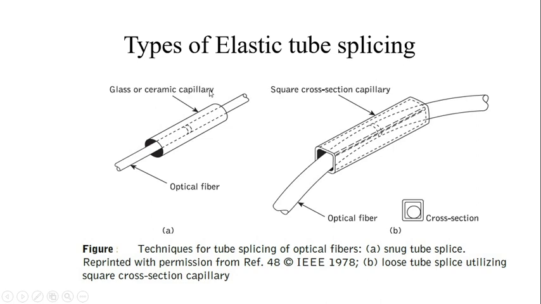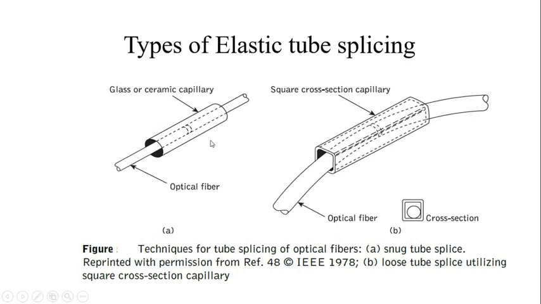Next, types of elastic tube splicing. We have two types. One is the snug tube splice, which Figure A represents. The second one is the loose tube splicing, which Figure B represents. So observe here, we'll go for snug tube splicing first.